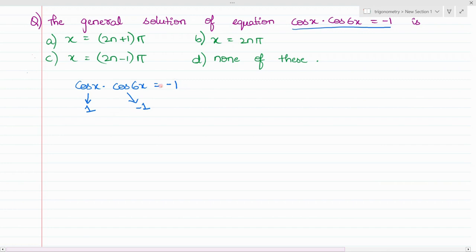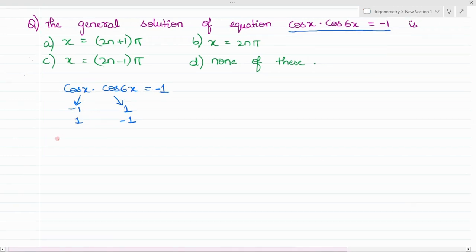Then only the product will be minus 1, right? So the next case is, if cos x is minus 1, then cos 6x will be 1. So these are the two possible cases which this equation satisfies.